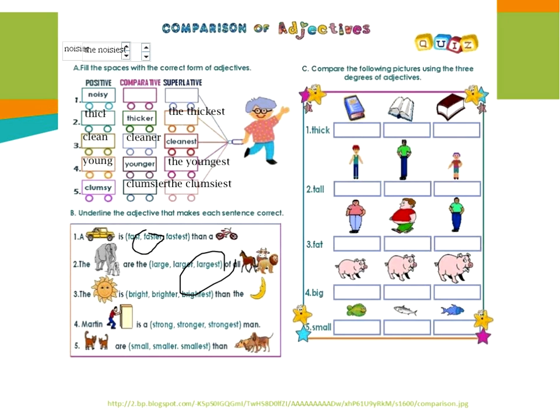The sun is brighter than the moon. Martin is strong. Here there's no comparison because you are mentioning only one element. Cats are smaller because you're making a comparison.